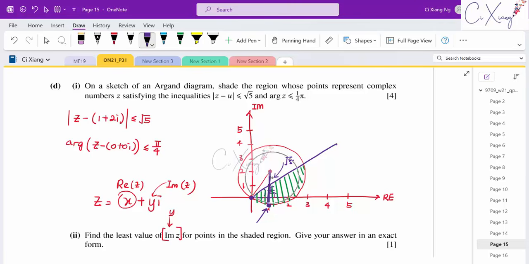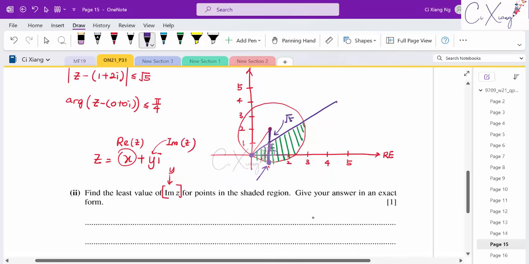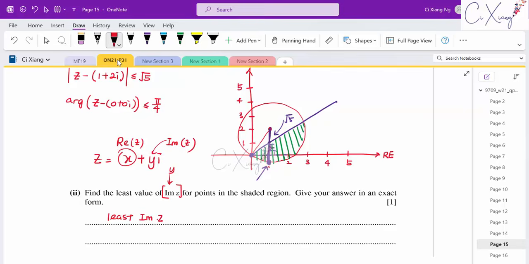The center has y equals 2. Therefore, from the center, go down to the lowest point, and the value should be 2 minus square root 5. That's it, because it is square root 5 units below the 2. Therefore, the exact value for the least value of the imaginary part of z will be 2 minus square root 5.